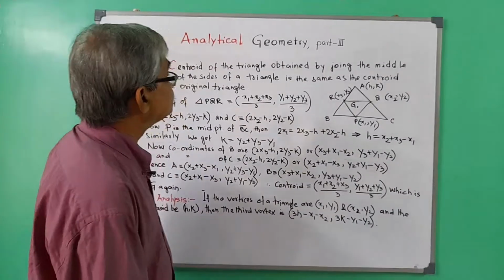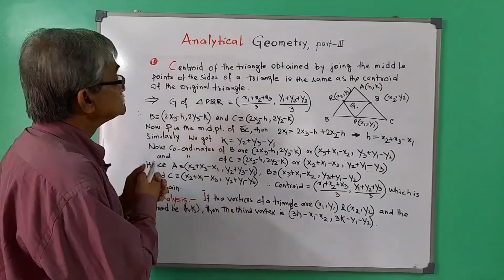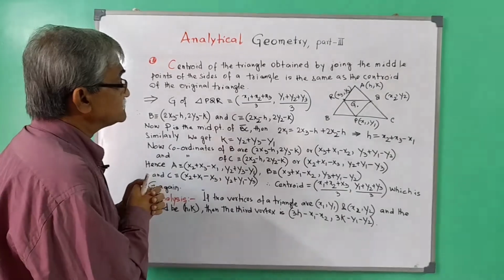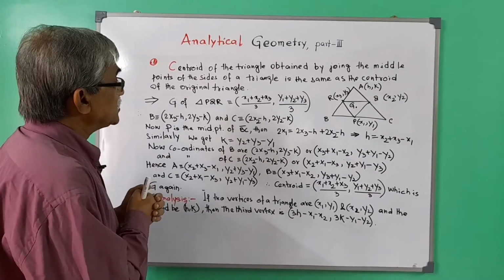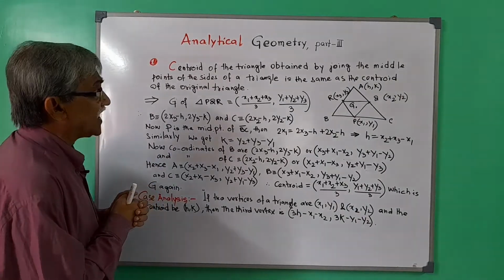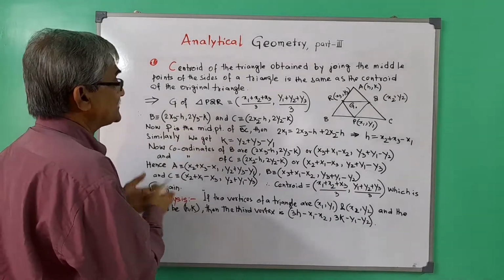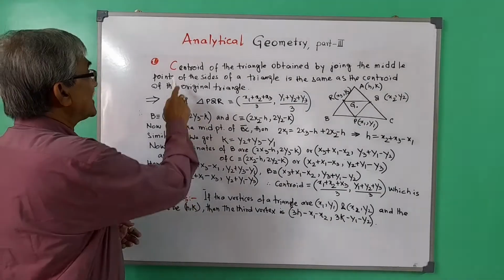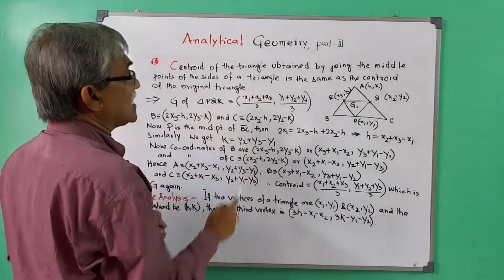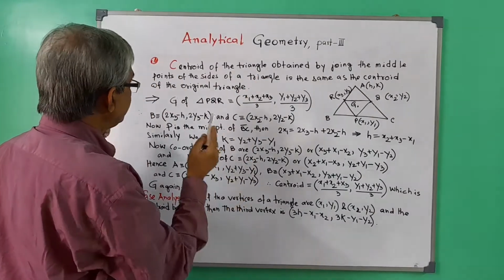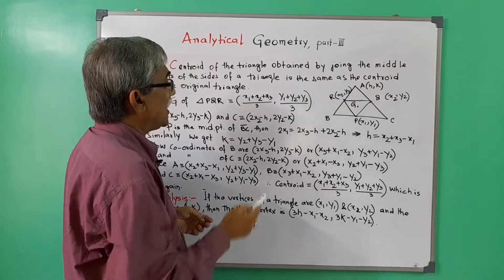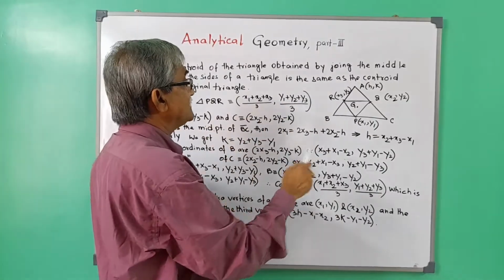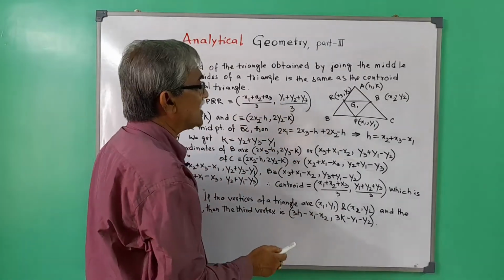Now let us solve one important theorem that you may have done in class 10 in classical geometry, and now you will prove it by analytical geometry. The centroid of the triangle obtained by joining the midpoints of the sides of a triangle is the same as the centroid of the original triangle.